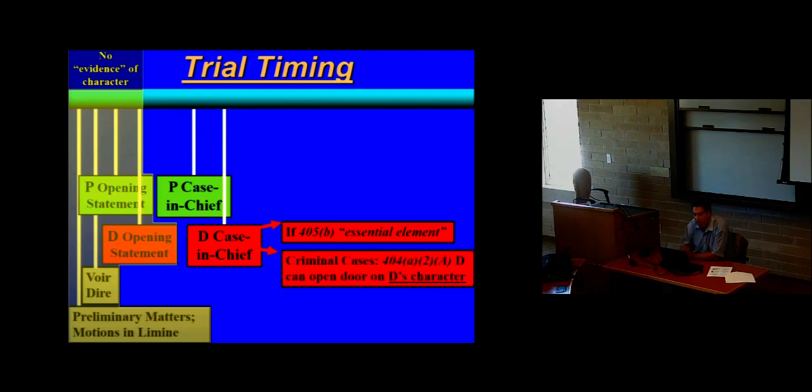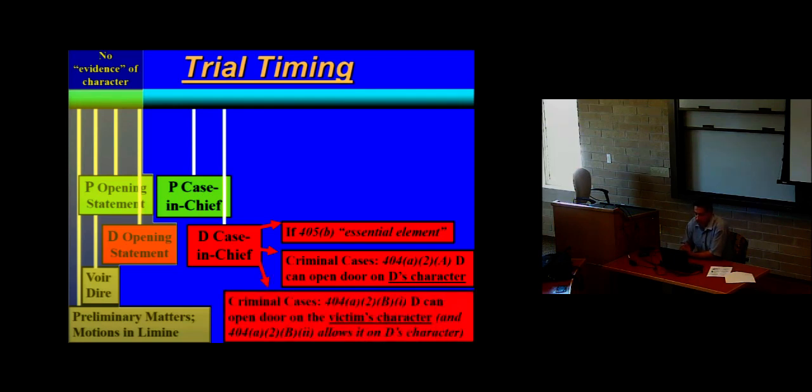Now, if not, this is where the defendant in a criminal case can open the door on character. 404(a)(2)(A), where the defendant can open the door on the defendant's own, what would be good character. Also, in a criminal case, the defendant can open the door on the victim's bad character.